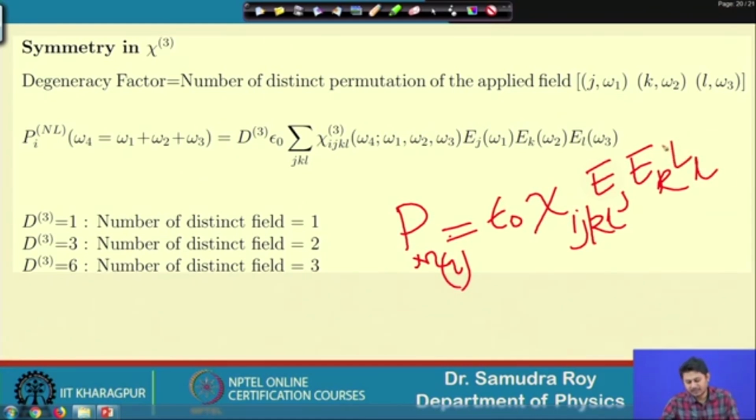So there will be 3 electric field components j k l.